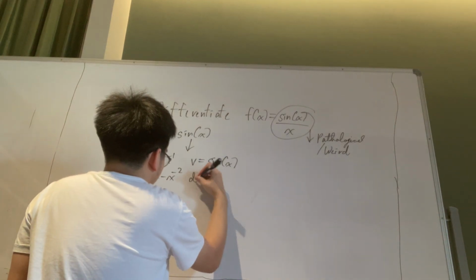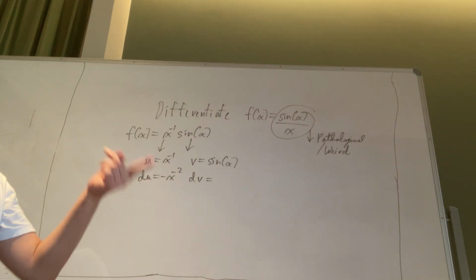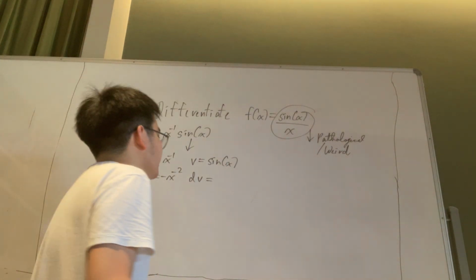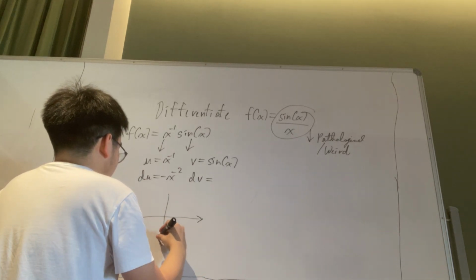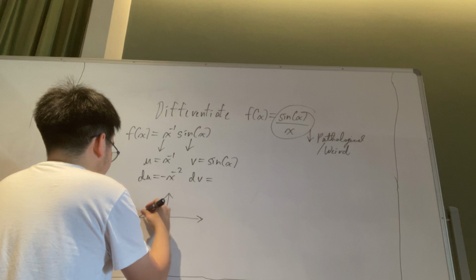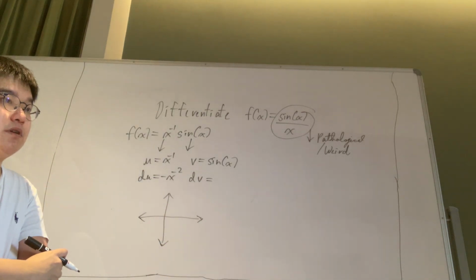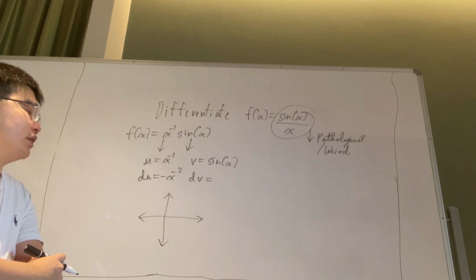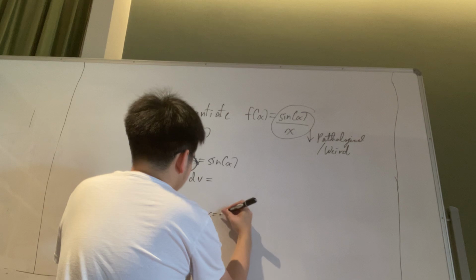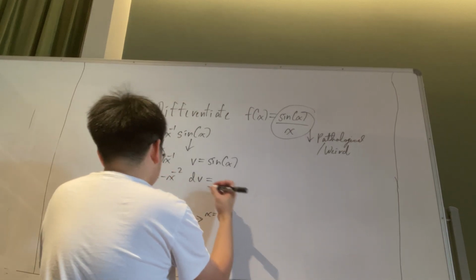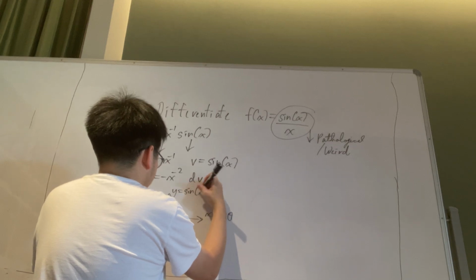Now if I do dv, if you do the derivative of periodic trigonometric functions, here is a nice trick. Given that you parameterize the trigonometric functions as a unit circle in polar coordinates, say x equals cosine theta, that's just a unit circle parameterization, and y equals sine theta.